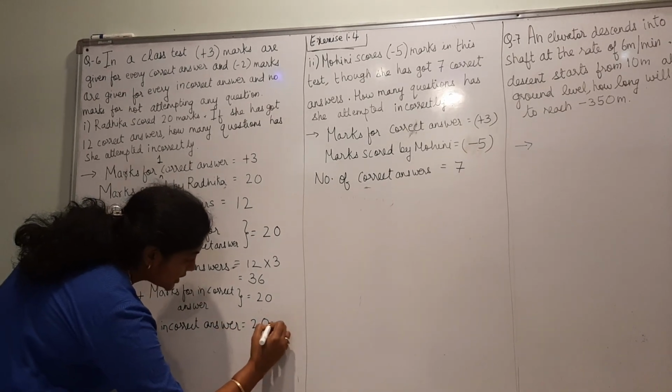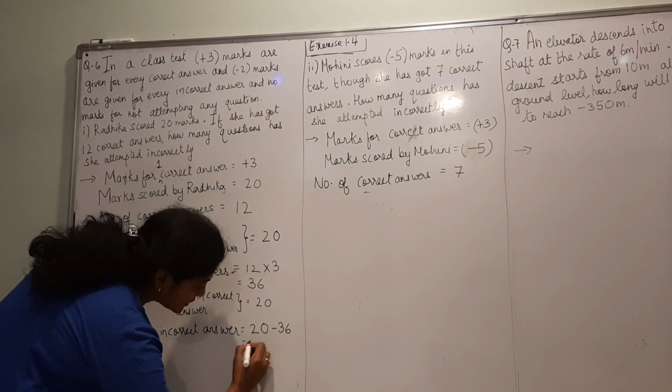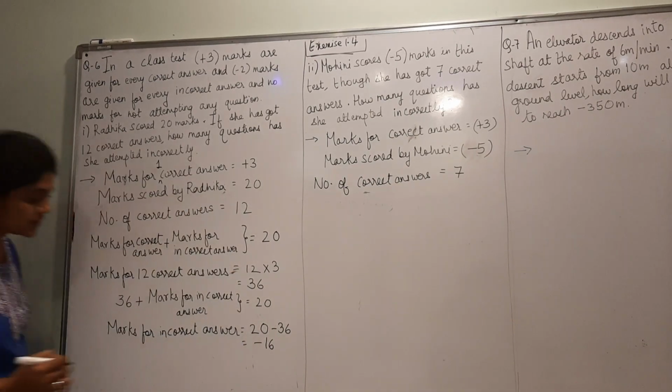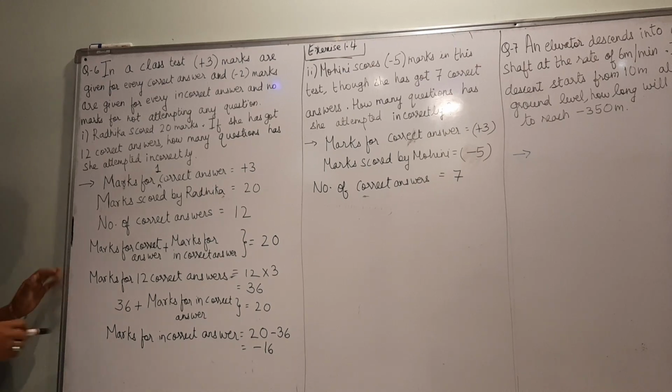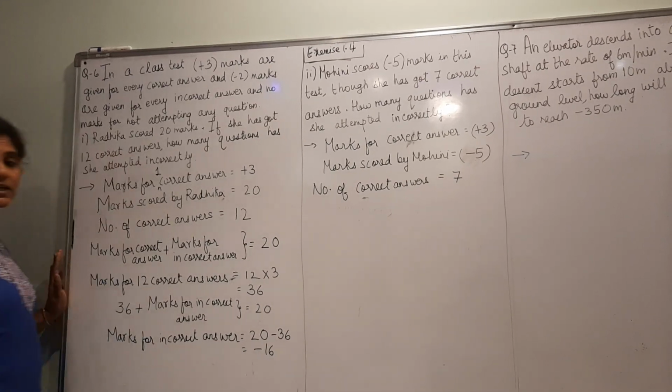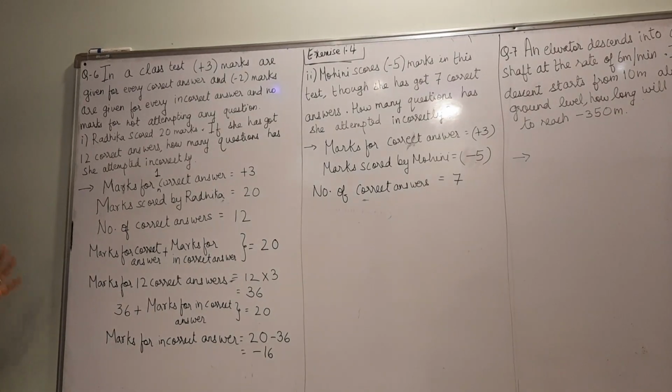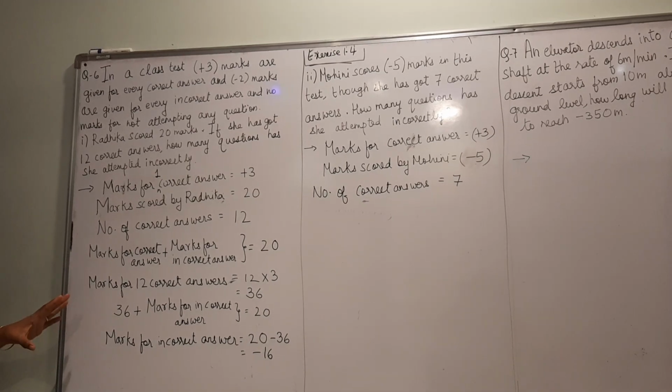So 20 minus 36, that will be minus 16. So how much marks she got for incorrect answers, -16.